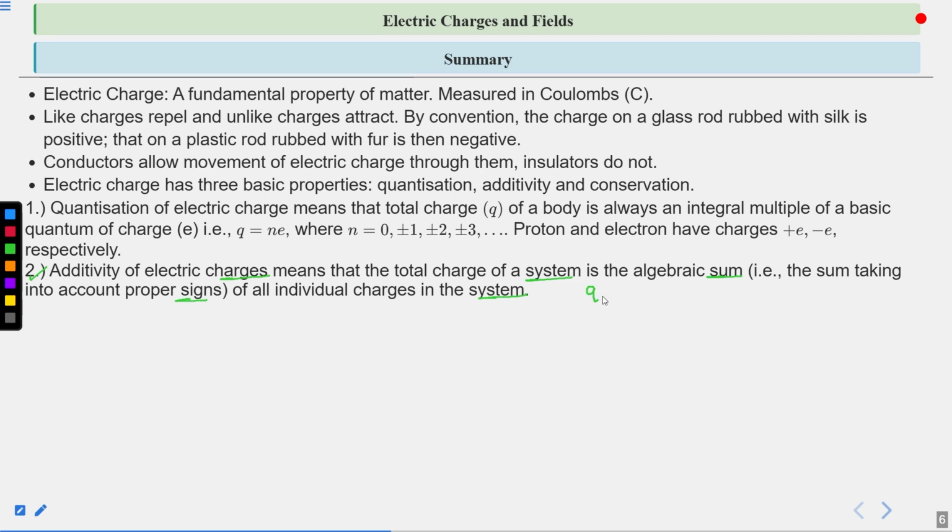Solve this question: Q1 is equal to 3 microcoulomb and Q2 is equal to 2 microcoulomb. What will be the net charge? Q1 plus Q2 is what? 3 microcoulomb plus 2 microcoulomb equals 5 microcoulomb. It means charges can be added like algebra.